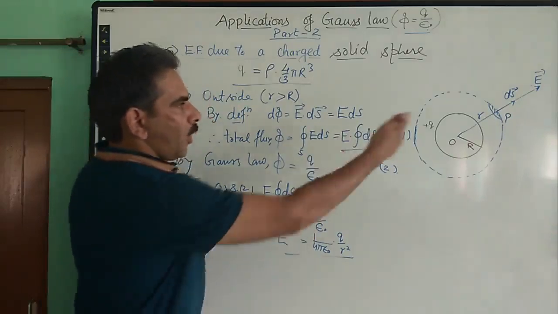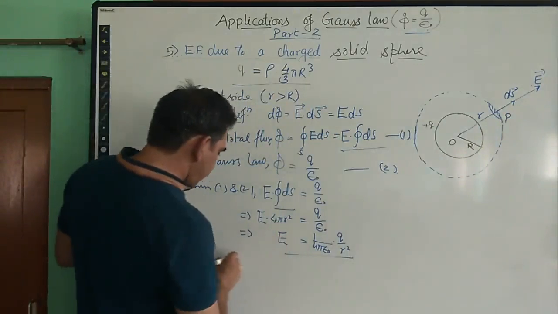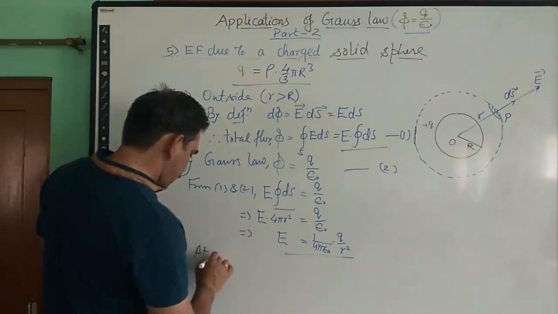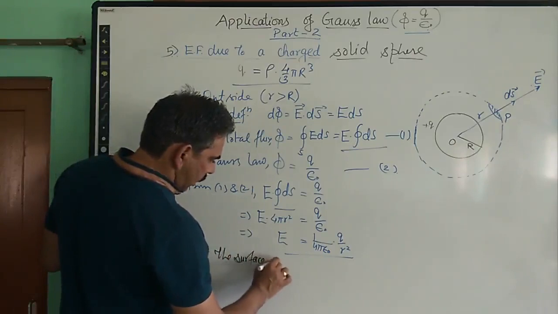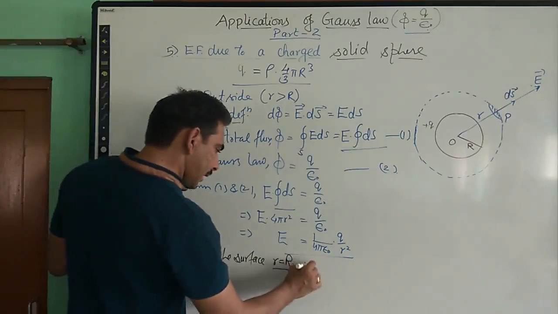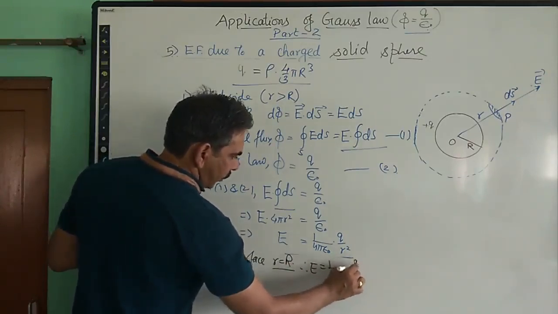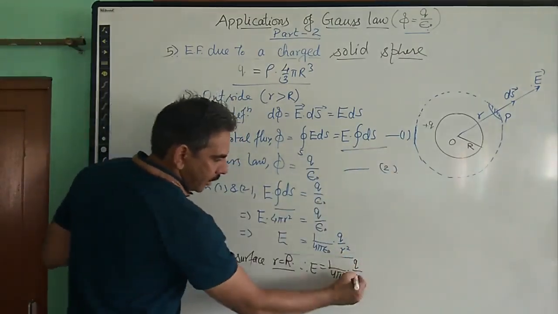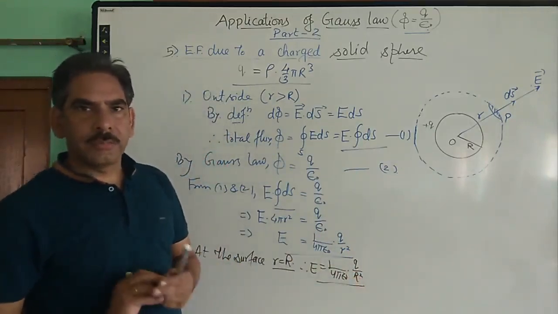And if this point P is lying on the surface, then the electric field at the surface, where r is equal to capital R, will be given by 1 upon 4 pi epsilon naught into Q upon R square, because the point P is at the surface for which r is capital R. This is again as our previous result.